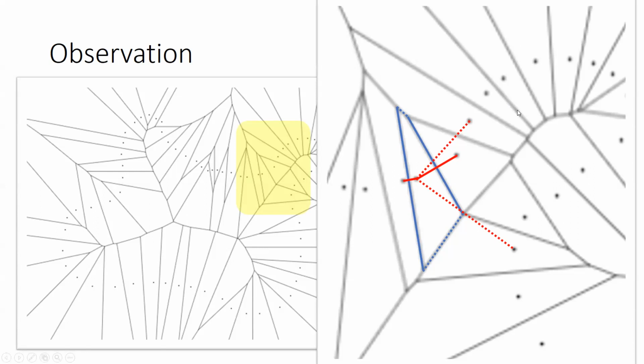Do you have any intuition why I should connect these two edges instead of the two broken lines? One intuition is that these two broken lines refer to these two blue lines, right? Do you see there's a difference between these two blue lines and the two broken lines? The two blue lines are actually longer in this cell.